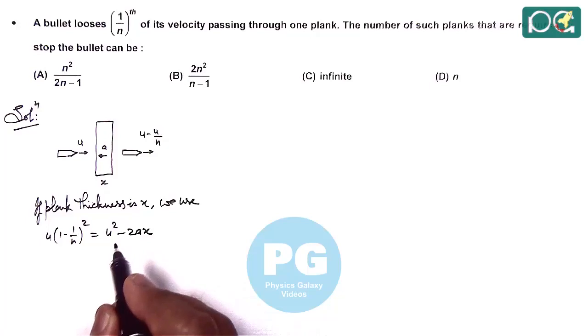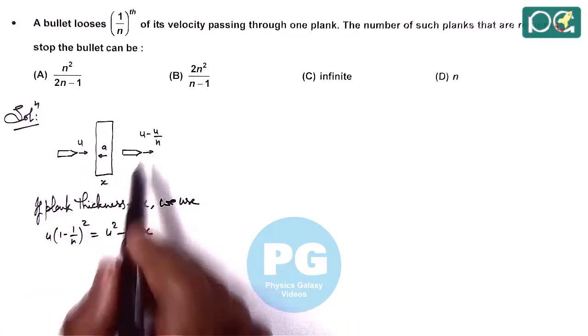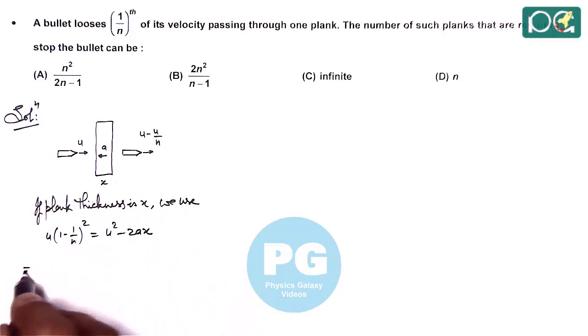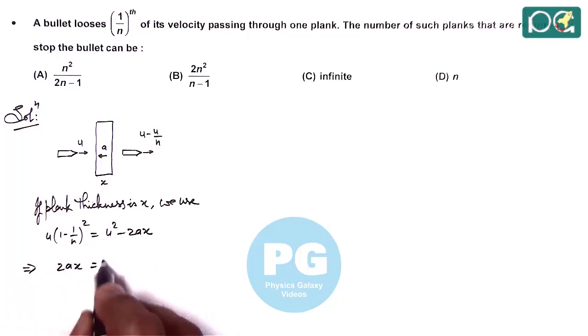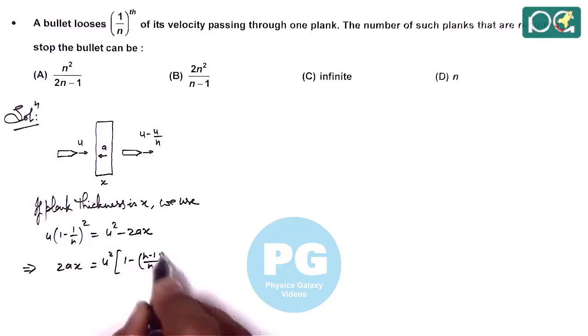Here I have used a as the acceleration inside the plank, and I'm using v square as u square minus 2ax. So this gives me the value of 2ax, which is u square multiplied by 1 minus 1 by n whole square.